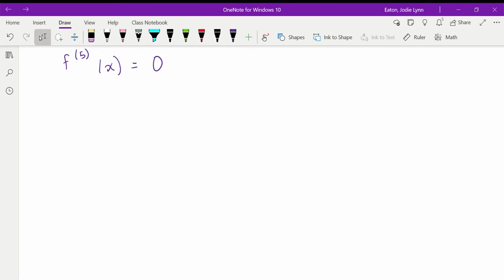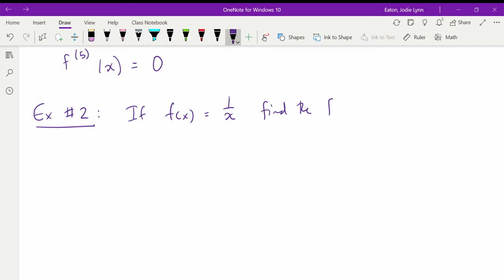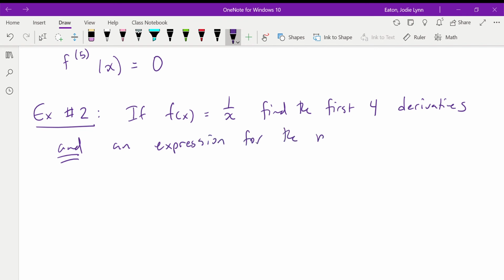So let's look at a question that's a little bit more interesting. Okay. So if f of x is equal to 1 over x, we want to find the first 4 derivatives and an expression for the nth derivative.